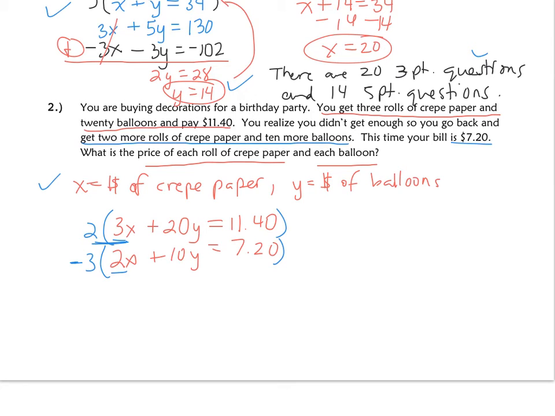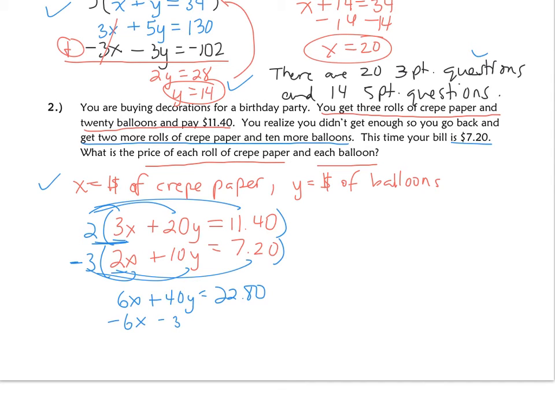Alright, so now when I distribute my 2, I get 6x plus 40y equal to $22.80. And when I distribute my negative 3, I get negative 6x, negative 30y, and negative $21.60.